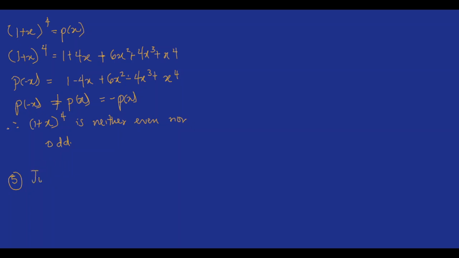So let's take a look at the final function that we have there. We have g naught of x squared, and we've been told that g naught of x is an arbitrary function, and we have no idea what that function is.